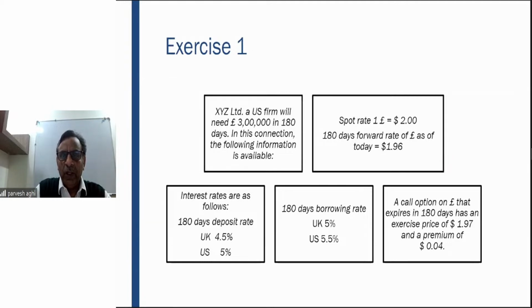They will start making money if the pound goes past 1.97, but first they have to cover the premium. If we add the premium to the strike price, it comes to 2.01. So if the pound closes above 2.01, they're going to exercise the call and start making a profit. But if the pound moves below 1.97, they are not going to exercise the call.